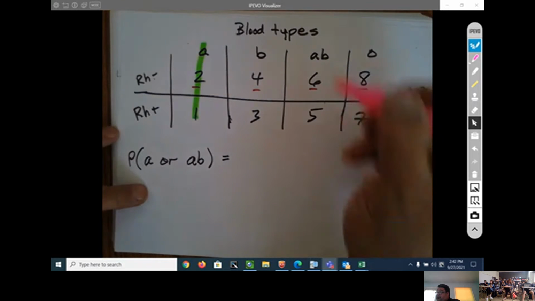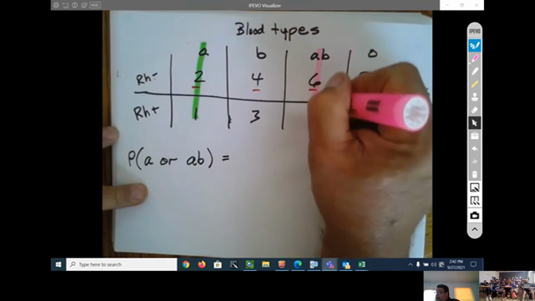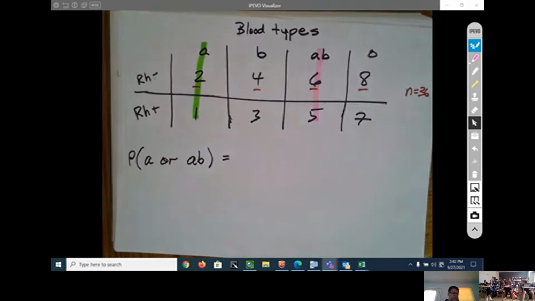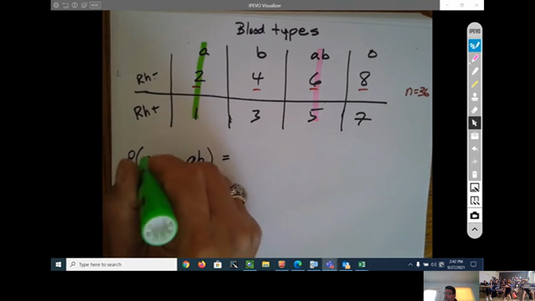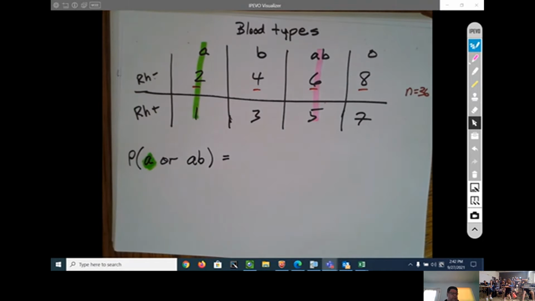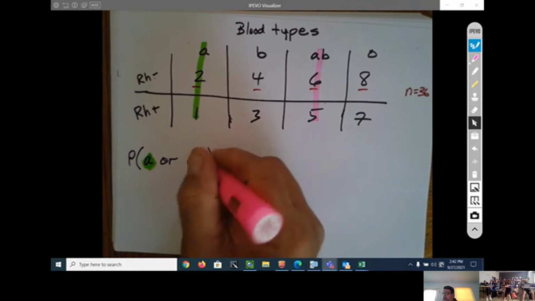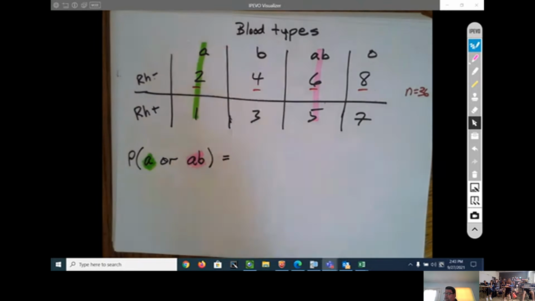The highlighter helps here. I realize some of y'all are too important to use the highlighter because you invented this, but some of you might want to use it. So A is green and pink is AB.